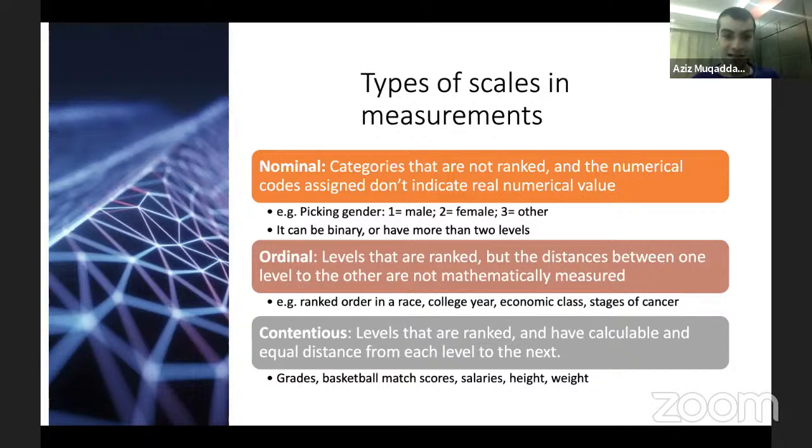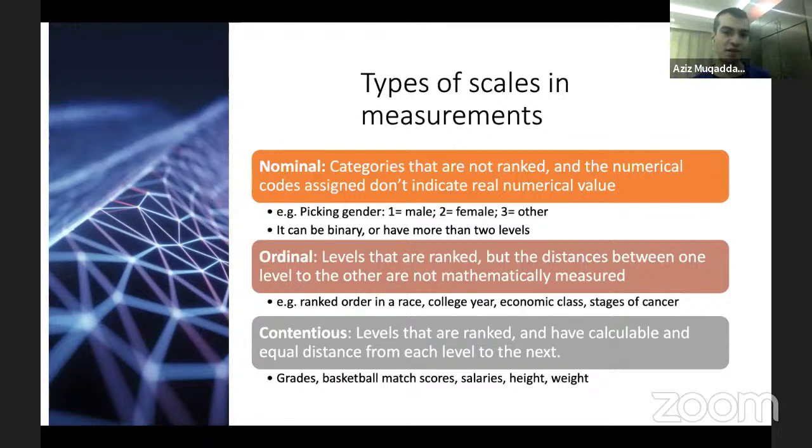On the other hand, and we sort of already covered this a little bit, continuous scales are levels that are ranked, so they share that with ordinal, and they have calculable and equal distance from each level to the next, right?